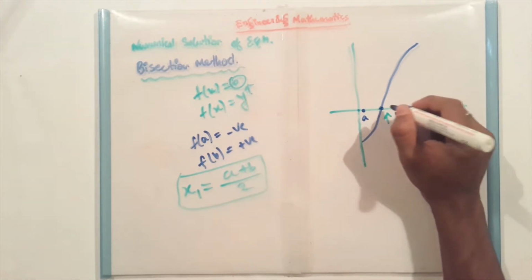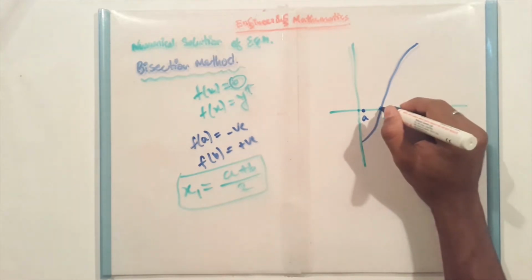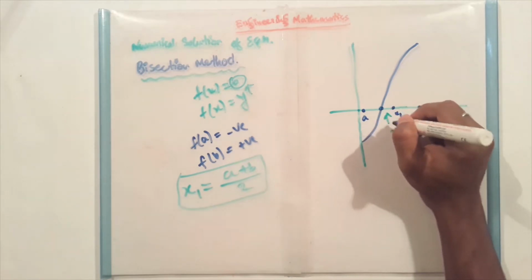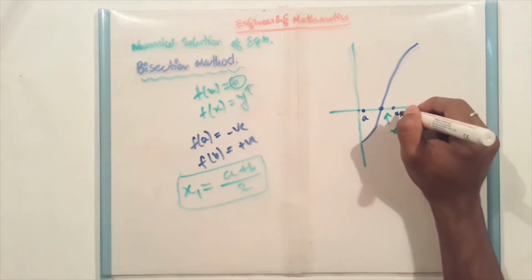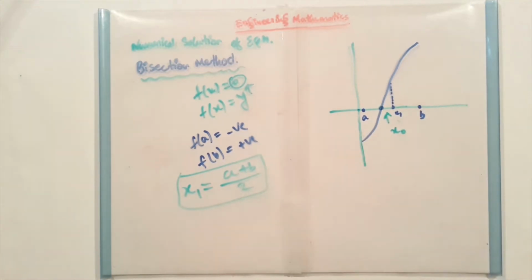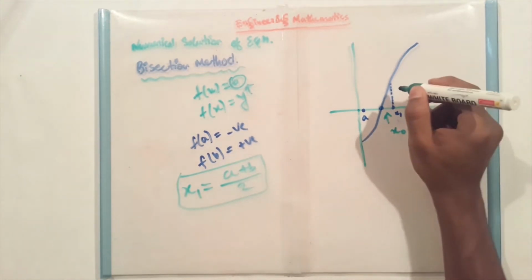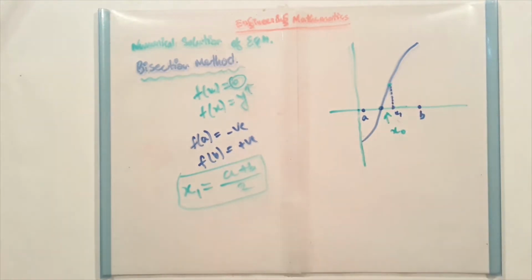It is the first approximation because b is far from x0, a is also far from x0, but x1 is nearer to x0, that is the root. So we find the first approximation, that is x1.